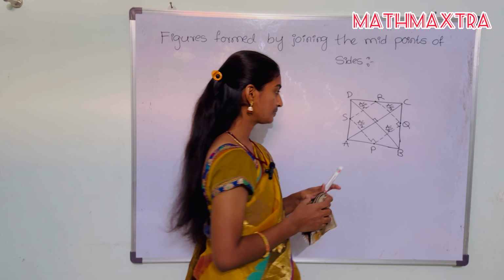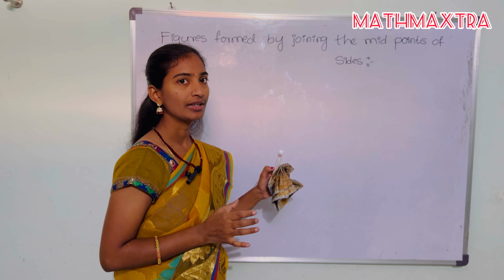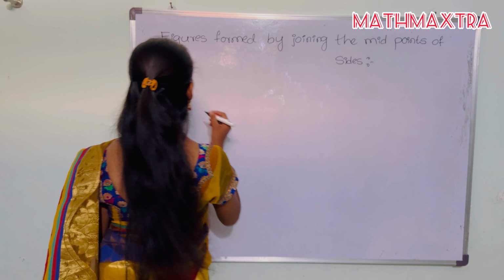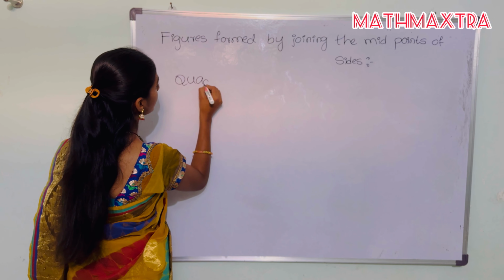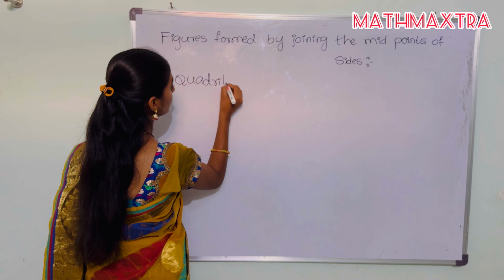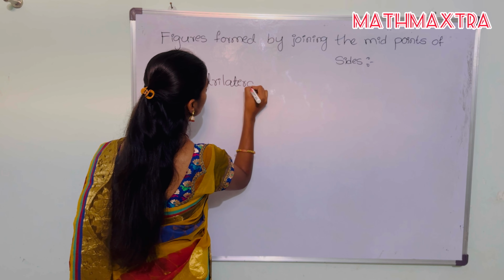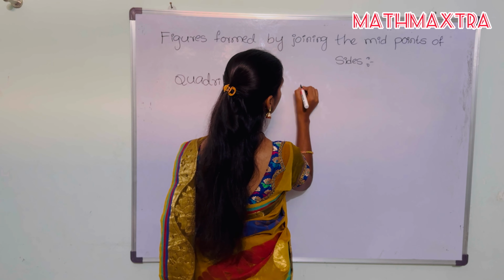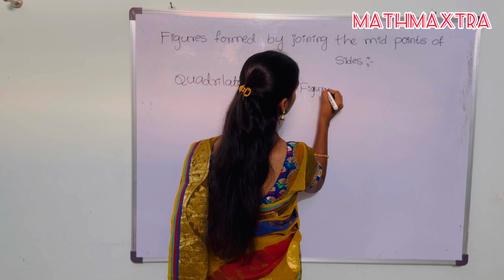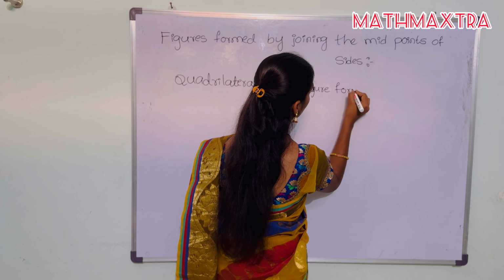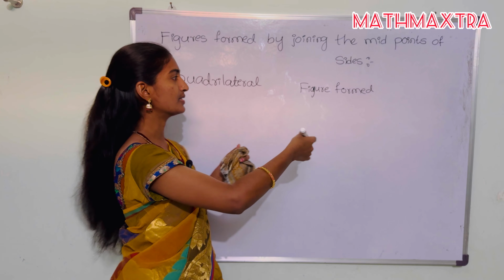Okay. Now we will summarize what we have discussed just now. Here is the type of quadrilateral we considered and here the figure formed by joining the midpoints of the sides. Okay.